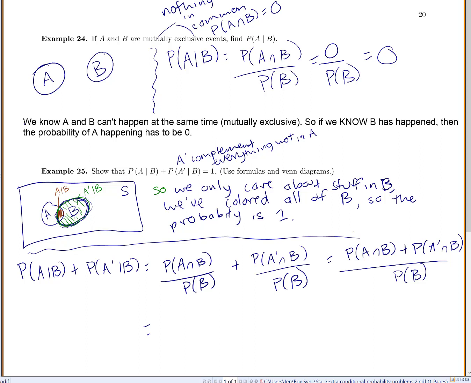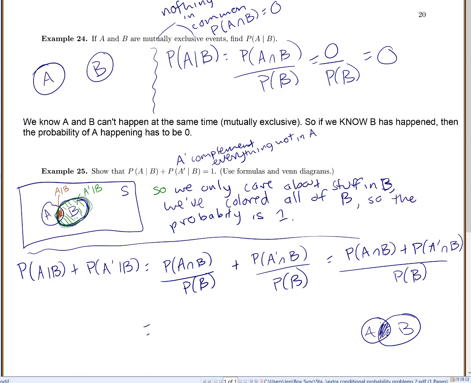So now for this, look back at your picture again. We were shading conditional probabilities, but we could do another shading to figure out what this is. Here's A, here's B. A intersect B would be this little piece here.